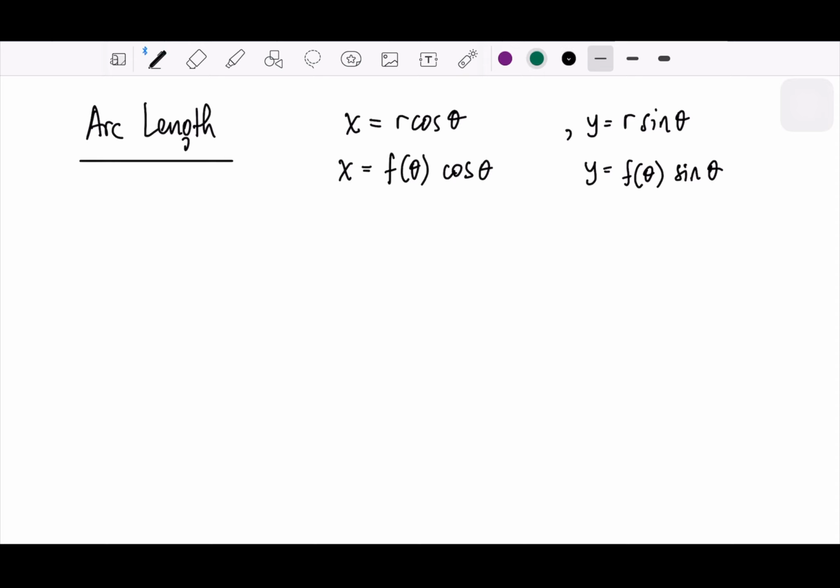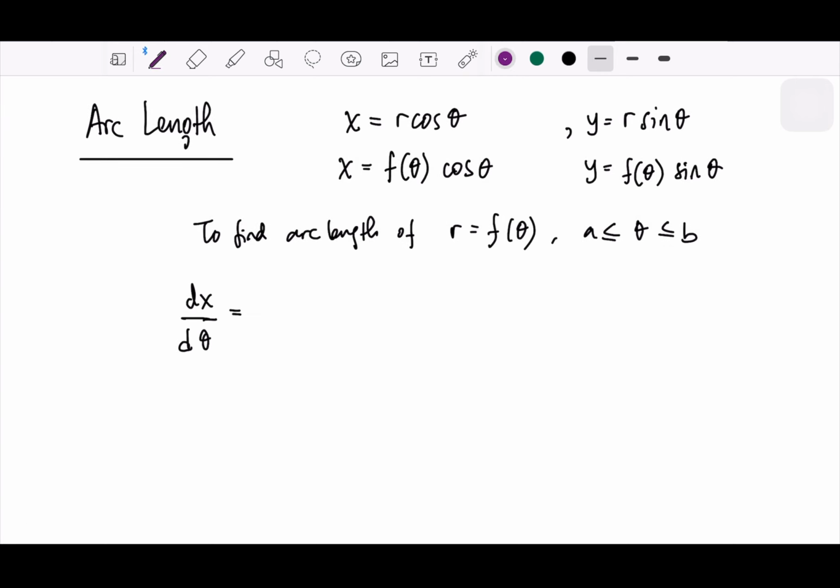Now, to find the length of a polar curve, to find the arc length of r equals f of theta, a function of theta, and theta is from A to B. Okay, we start from the derivative of x and y, and we derive with respect to theta.